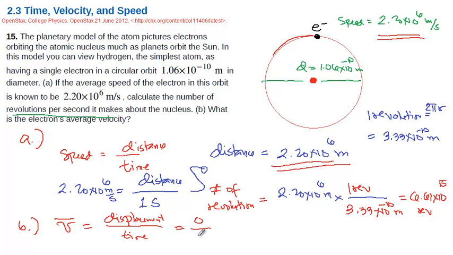Because of that, there's no displacement. So for this case, the electron is not really moving anywhere, it's just rotating, so the average velocity will tend to be zero.